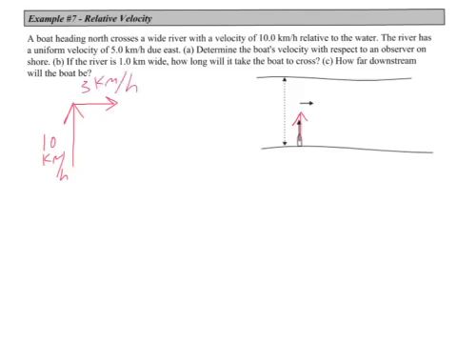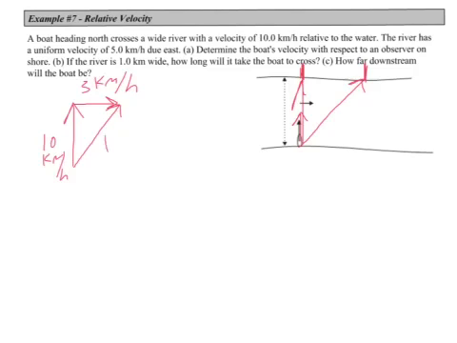This is going to give us a resultant velocity. If you're on the shore watching this, you're watching this boat not travel straight across the river. You're actually kind of moving off to the side, right? So if you started at this point, you're going to be drifting down here at some point, okay?